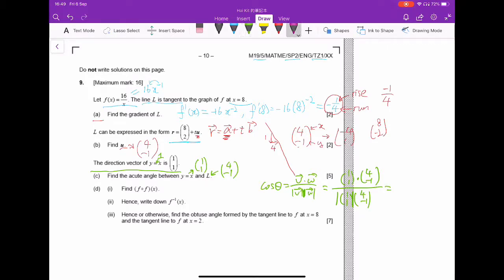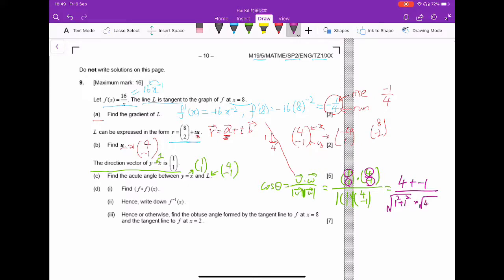So hopefully you know this. Dot product is the top number times the top number, plus the bottom number times the bottom number, over the magnitude. Magnitude would be the numbers squared and added up and then rooted, times the other one.